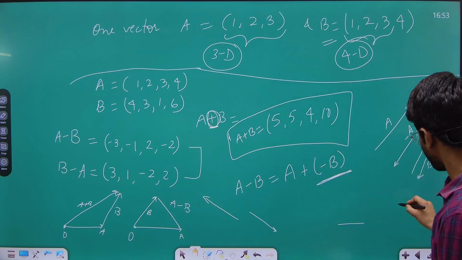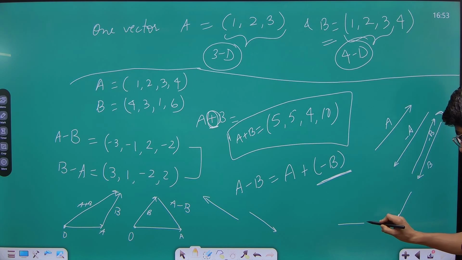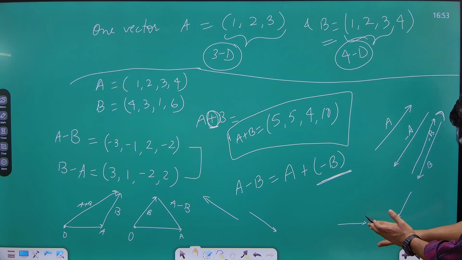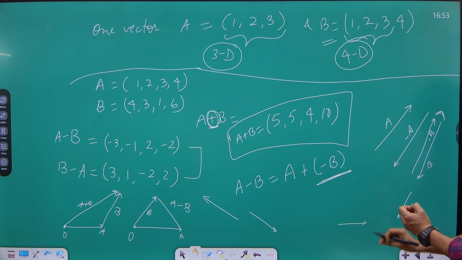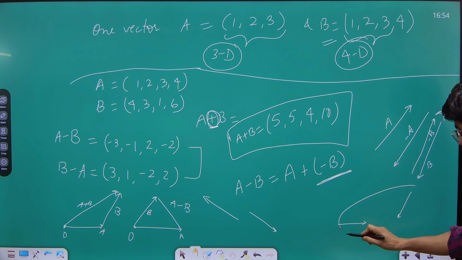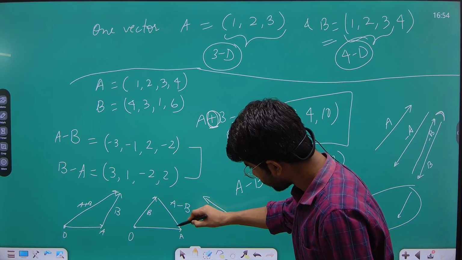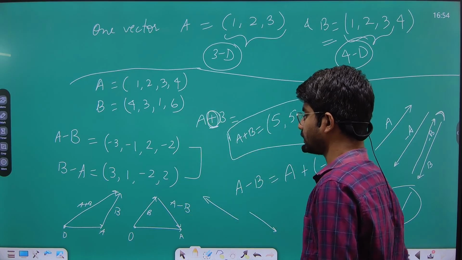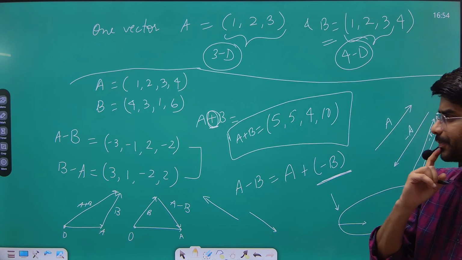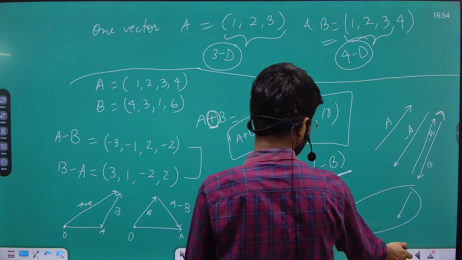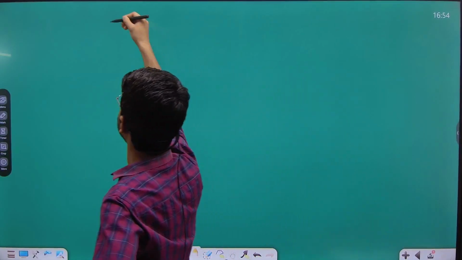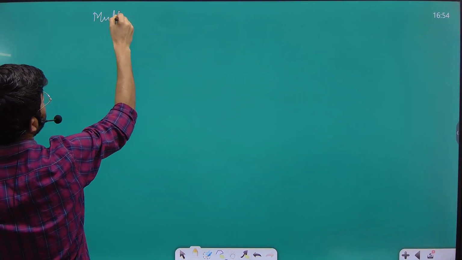So it should be downward but moving towards the right. The resultant of these two vectors would be in this direction. So the resulting vector A minus B has this geometric interpretation. Now suppose you multiply a vector by a scalar value.